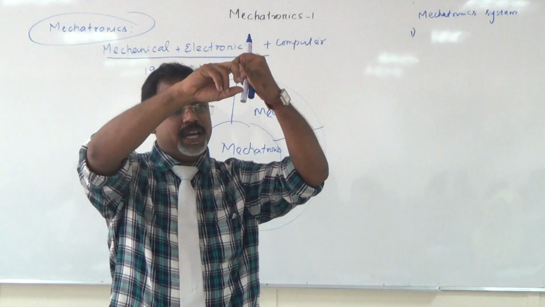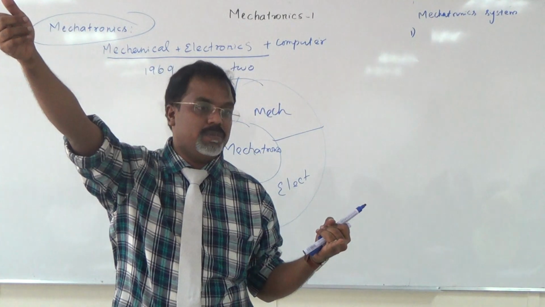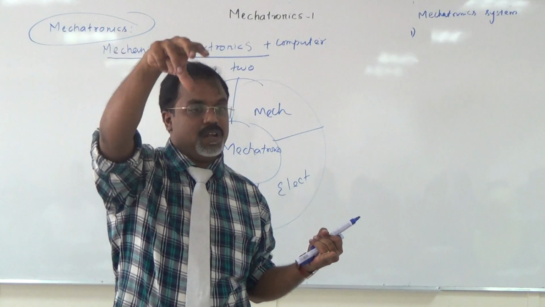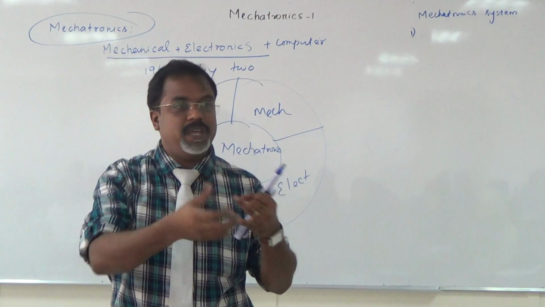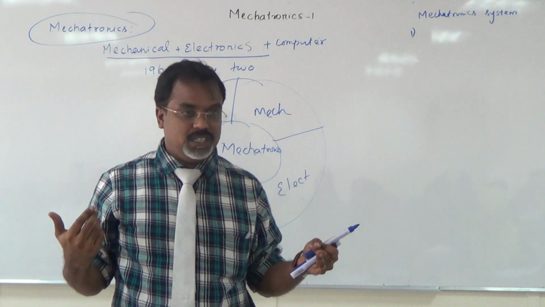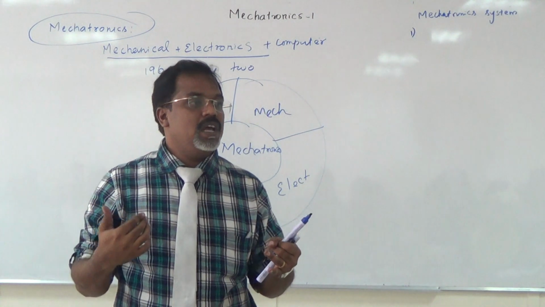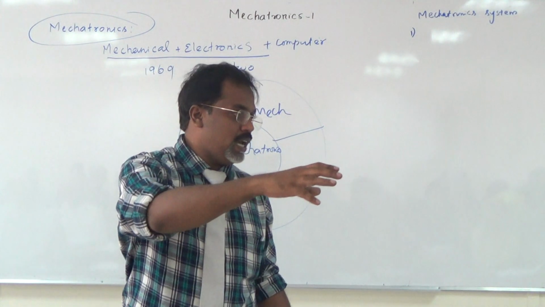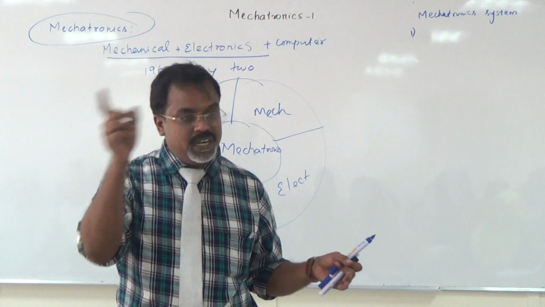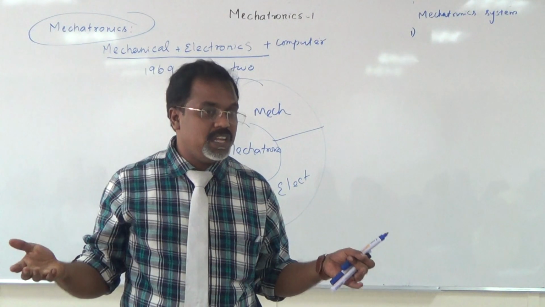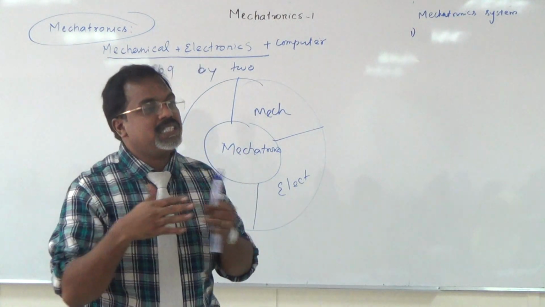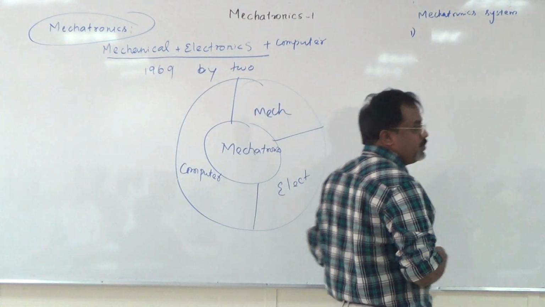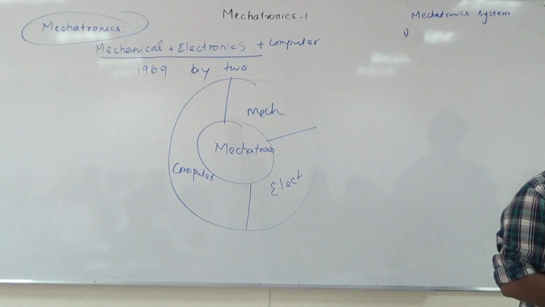The sensor will communicate to some electronic devices, a programmed electronic device, which will analyze based on the sensor input, and then pass the information to the motor to rotate in a clockwise or anti-clockwise direction to close or open the door. Okay, so these types of systems we can call a mechatronics system.